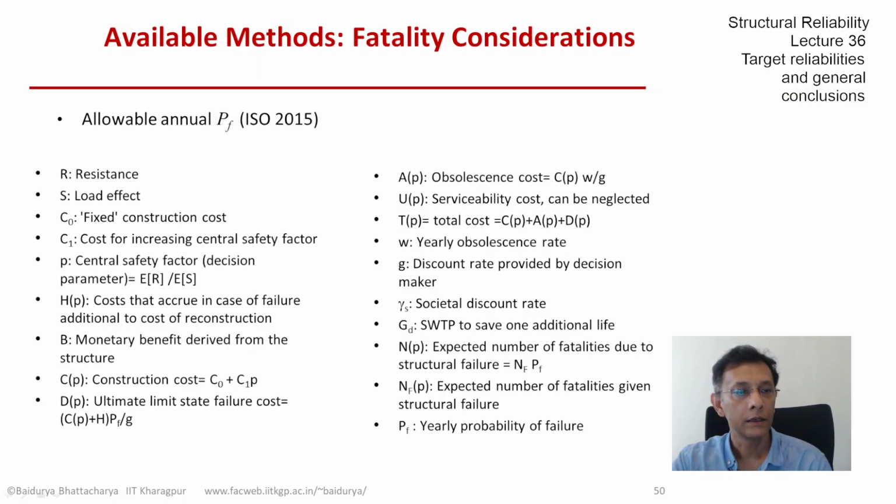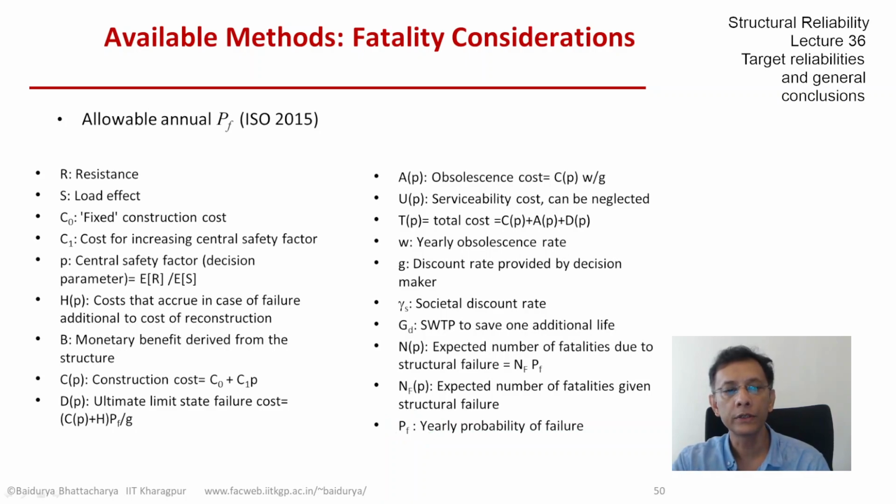There are costs, the construction cost, obsolescence cost, the central factor of safety, as I mentioned, the expected number of people that can die, and then SWTP, society's willingness to pay, the other cost of increasing the central factor of safety, the obsolescence rate, the discount rate, and the answer is finally Pf star, which is the annual probability of failure.